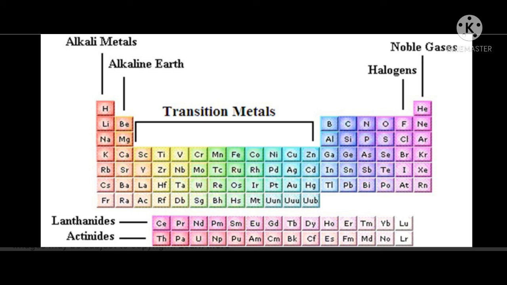All the halogens are kept in group 17. Group 17 is the halogen group. And group 18 is of the inert gases like helium, neon.